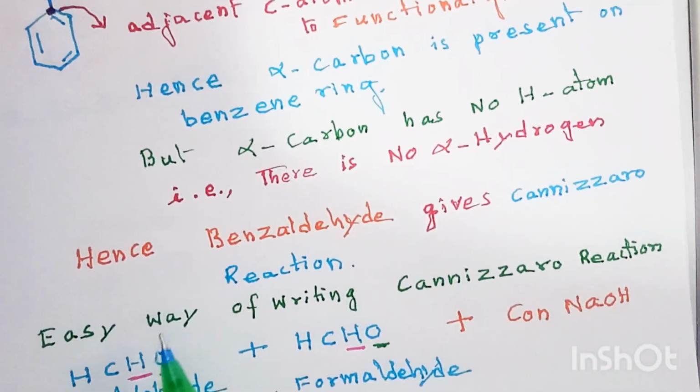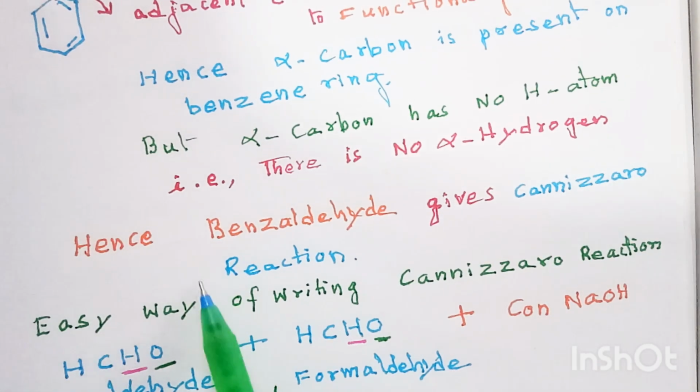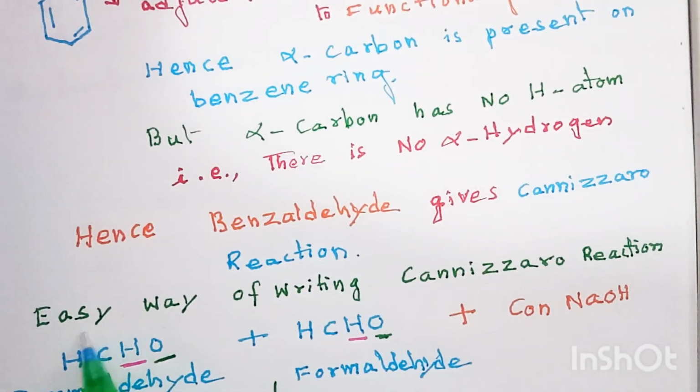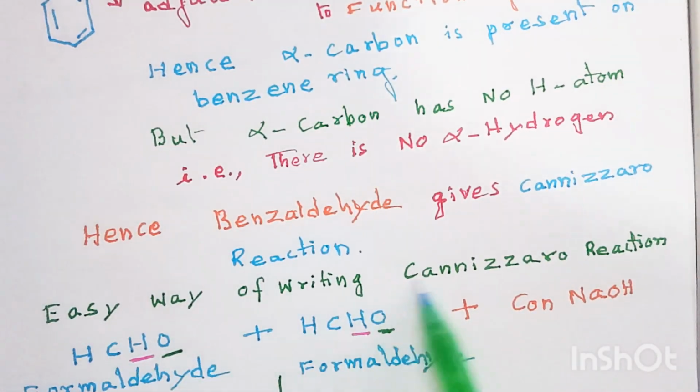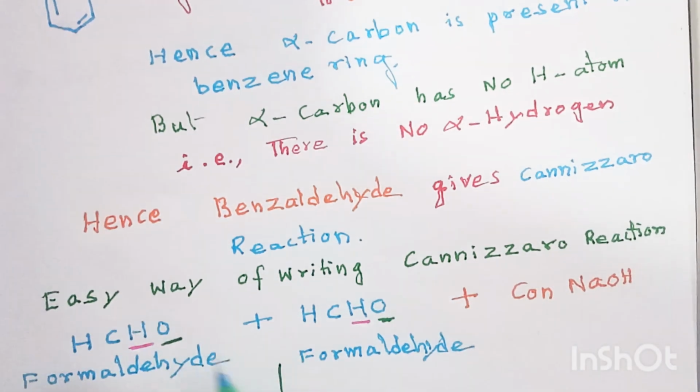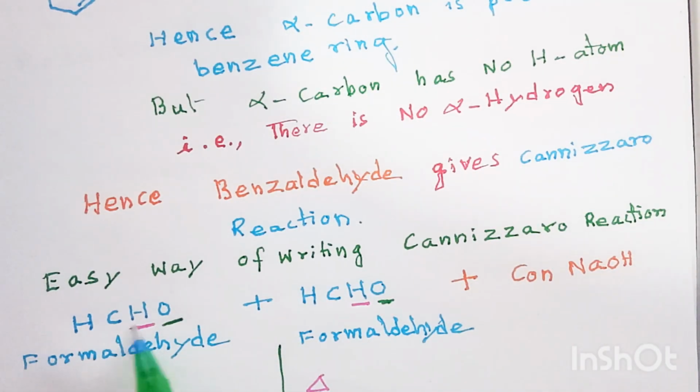Let's see the easy way of writing Cannizzaro reaction. Now, let's consider formaldehyde. This is 1 mole of formaldehyde, this is another molecule of formaldehyde, plus concentrated NaOH.